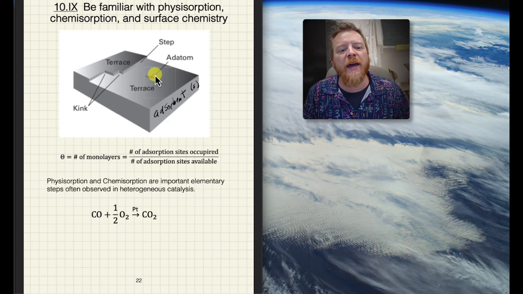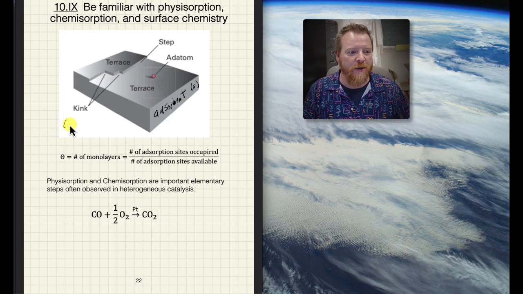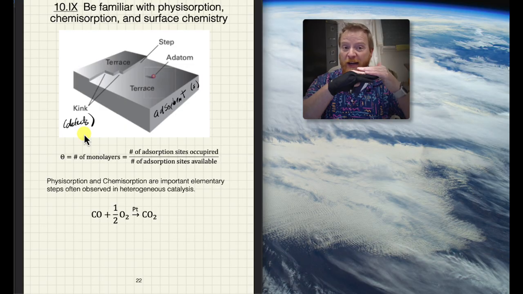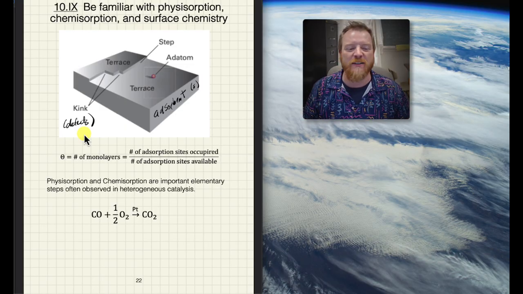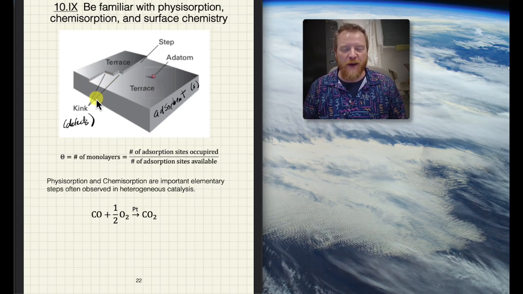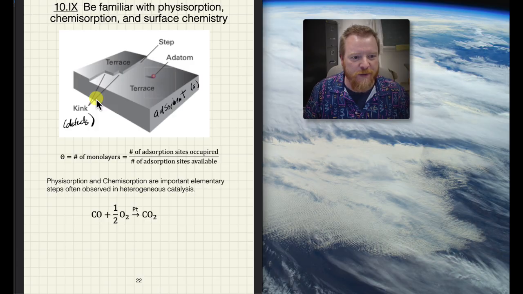If we zoom in at the molecular scale, we will see defects, okay? So those defects are where the unit cell at a certain point has to be cut off, and it can often be difficult to cut that off in an easy way. So we'll often see those steps and defects occur along unit cell lines.